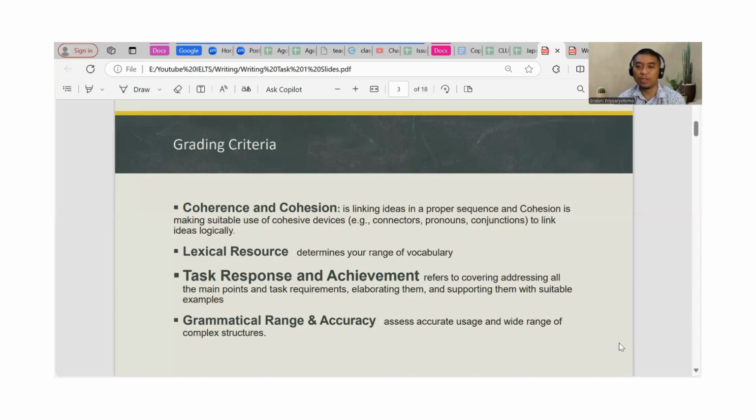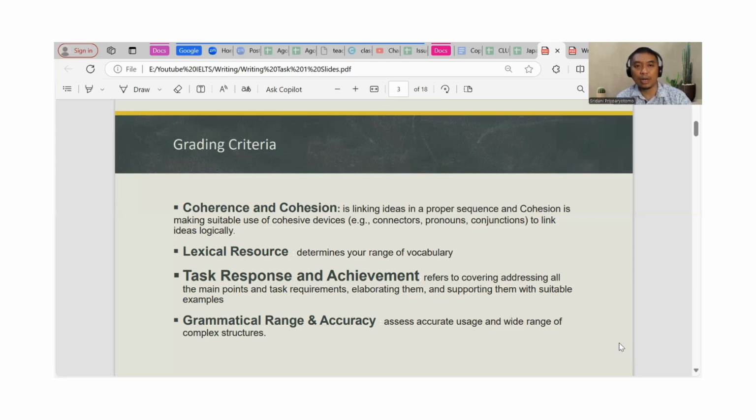Lexical resource determines your range of vocabulary. In other words, it evaluates your vocabulary inventory. So how many words you know, whether you use them in a variety of different ways, or monotone.